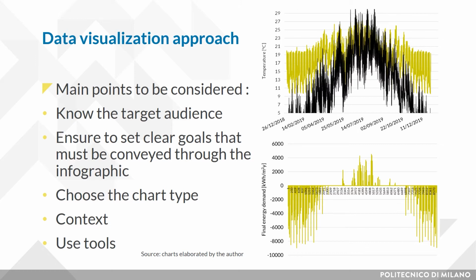Here in detail are a few concepts regarding data visualization that the designer or the modeler must consider. Know the target audience. This shouldn't come as a surprise. Designing a chart or a graph should always be done based on the audience that will view it. Create a goal, or more like a logical narrative. Ensure to set clear goals that must be conveyed through the infographic. Choose the right chart type accurately.